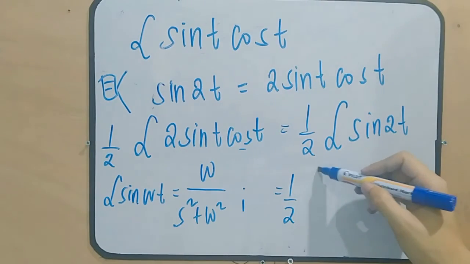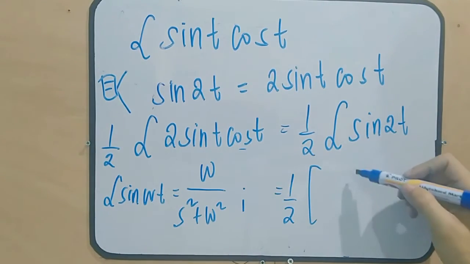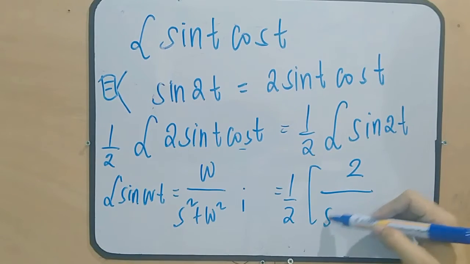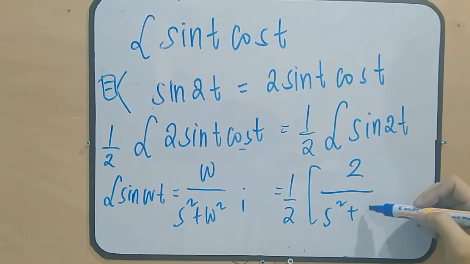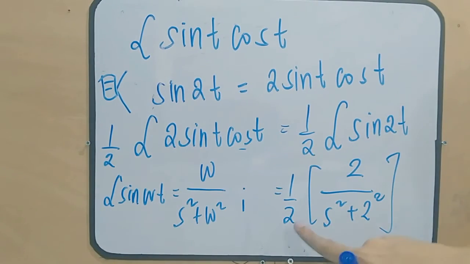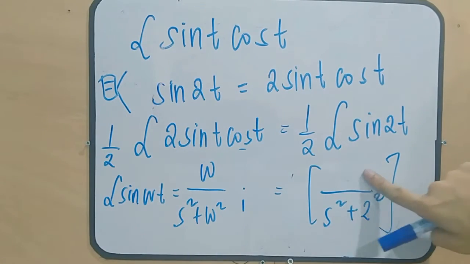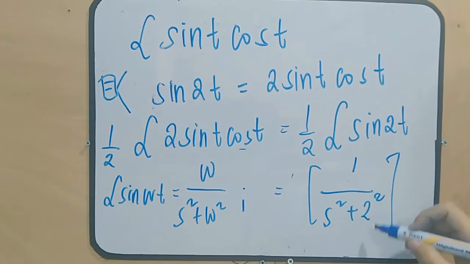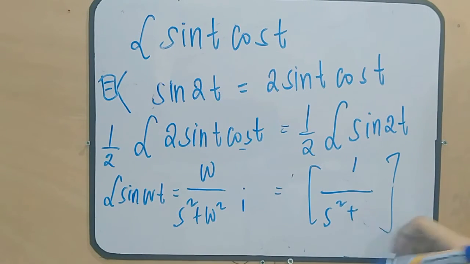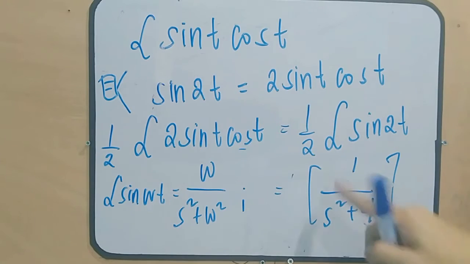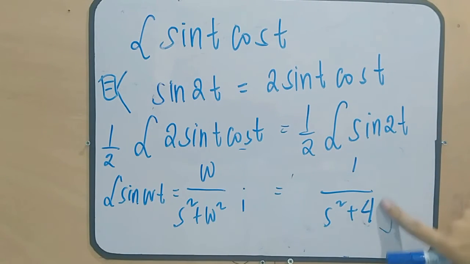So on top is w, which is 2, all over s squared plus 2 squared. So the 2 cancels, 1/2 times 2 is 1. So this is just equal to 1 over s squared plus 2 squared, and 2 squared is 4. So this is the final answer: 1 all over s squared plus 4.